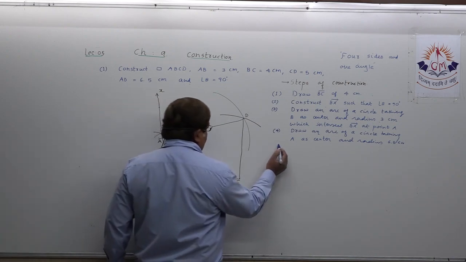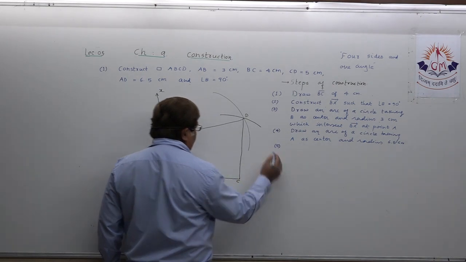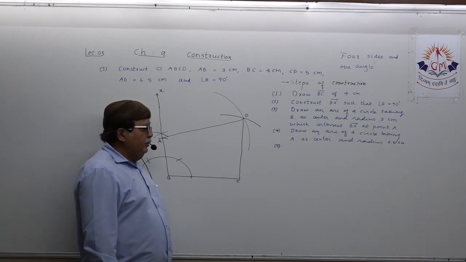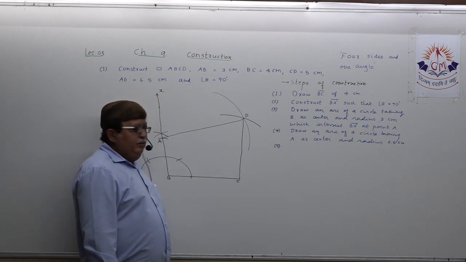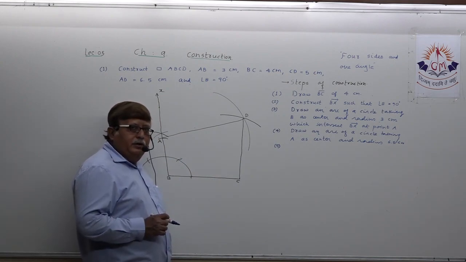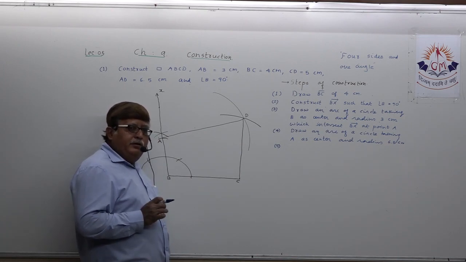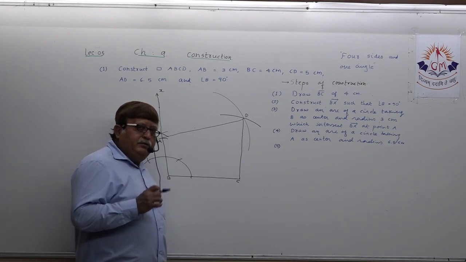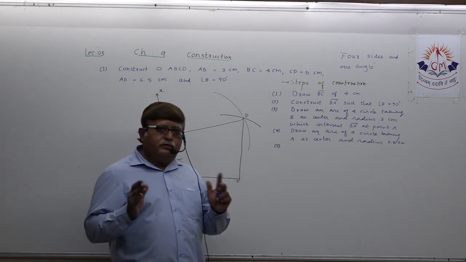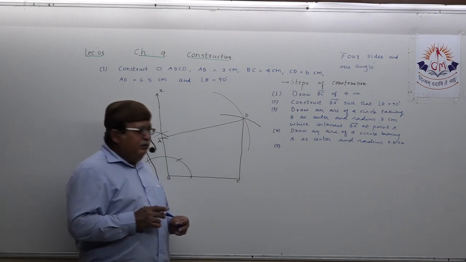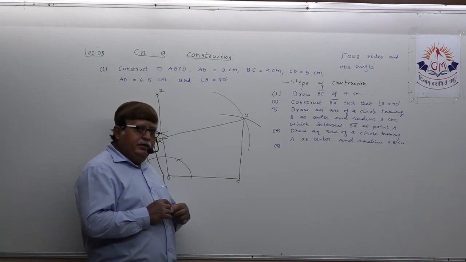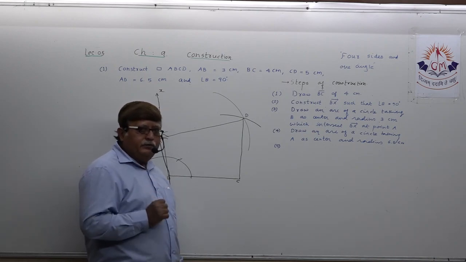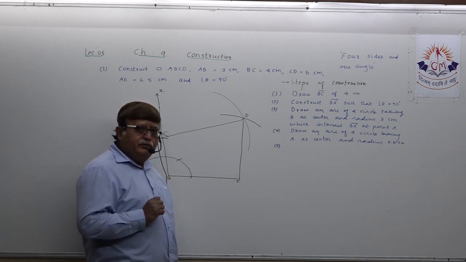Now the fifth step. We will have a look at the step later on because we will revise it again, because I have seen students making mistakes. Though they know exactly how to draw the construction perfectly, they are always lacking in this. They are not able to understand how to write the steps.